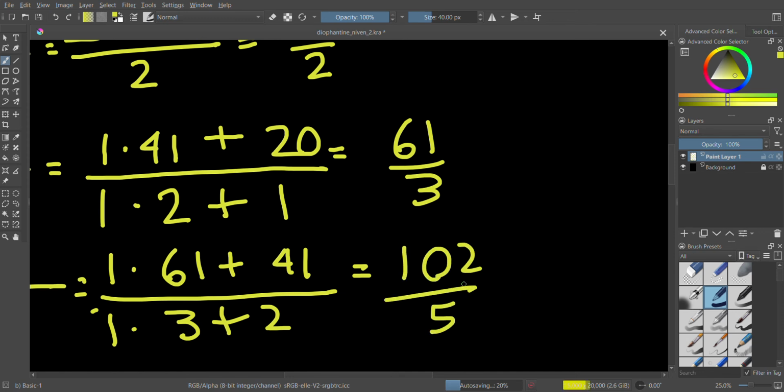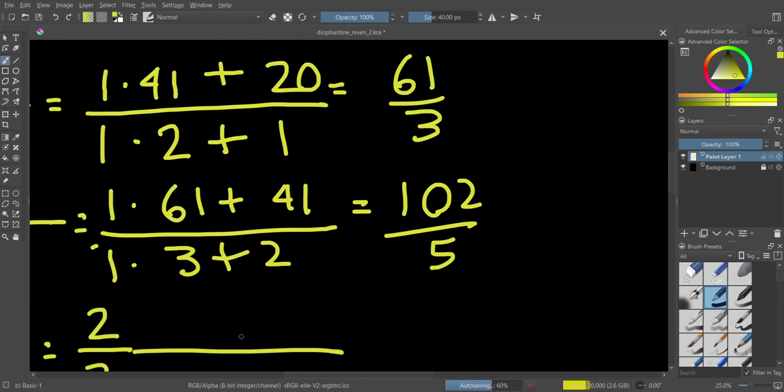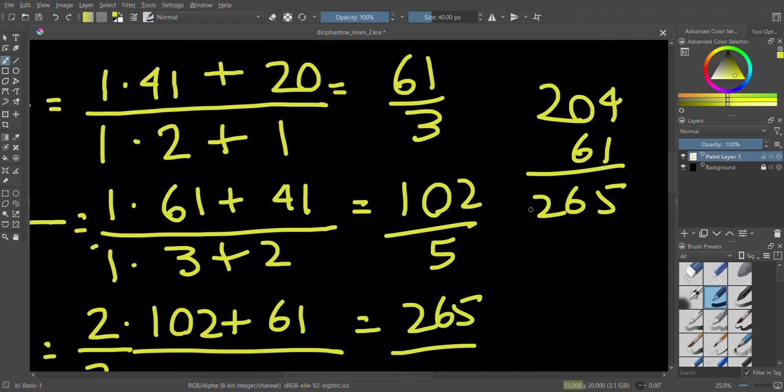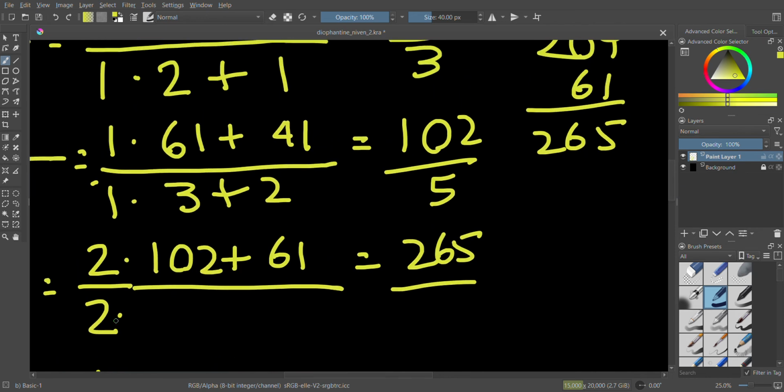Notice that it's about 20. Continues to be. Then this is 2 times 102 plus 61. So this is 204 and 61, which is 265. And then this is 5 and this is 3.